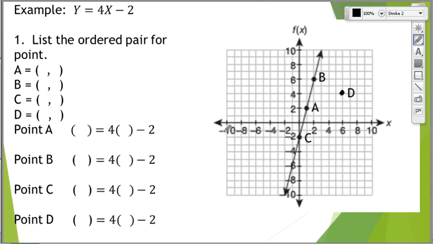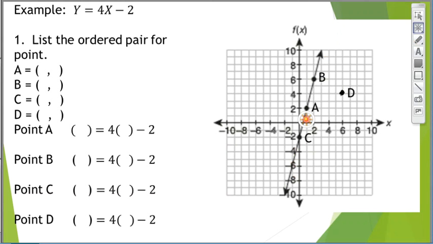So let's go ahead and look at an example here. You can see that to the right, I have the line y equals 4x minus 2 graphed. Okay, so this is the graph of the line y equals 4x minus 2.